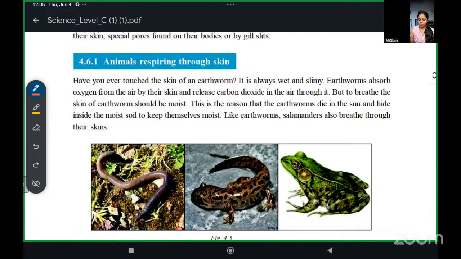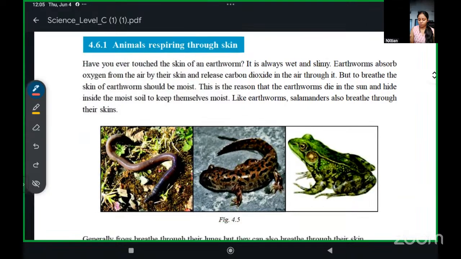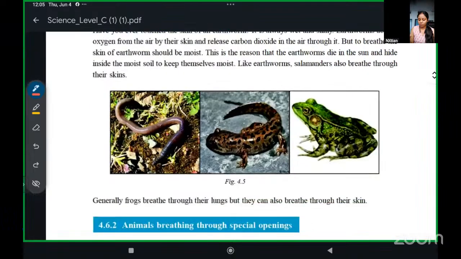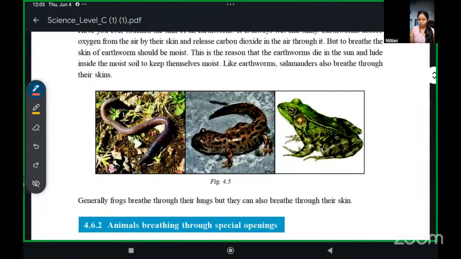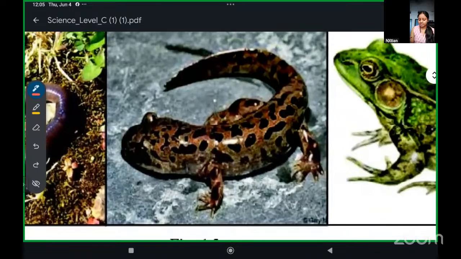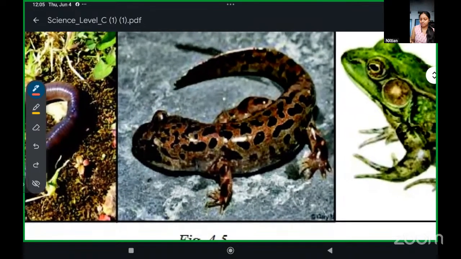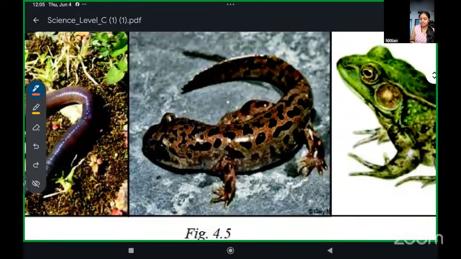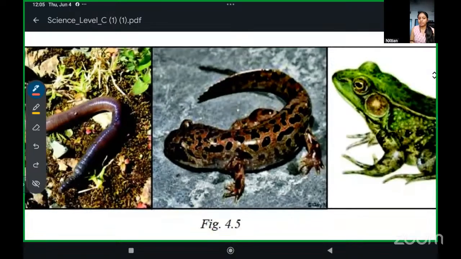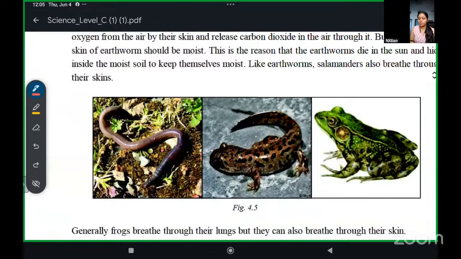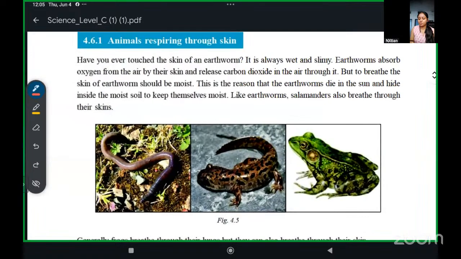What are salamanders? Salamanders are something like this. The middle image. You can say that they come in the group of lizards. So salamanders look something like that.